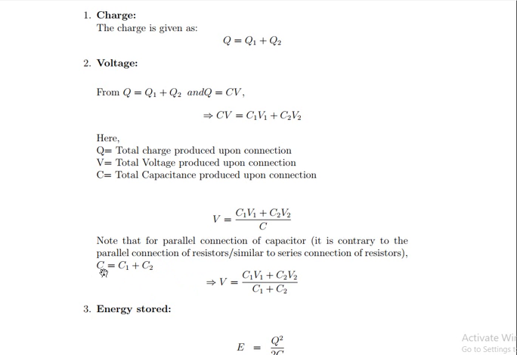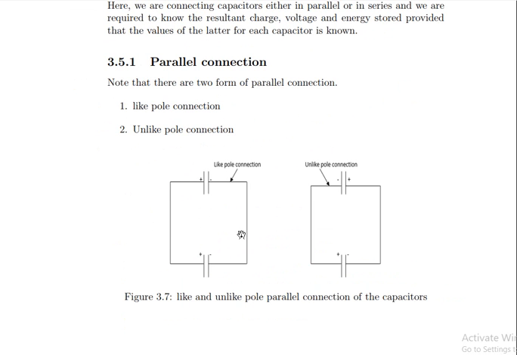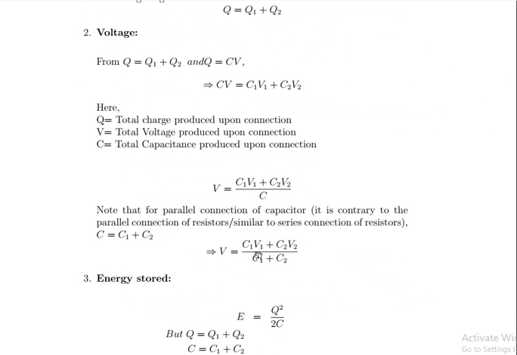So the total C is equal to C1 plus C2. So V is equal to C1V1 plus C2V2 all over C. When you divide, the voltage across those capacitors connected with like poles in a parallel connection is going to be C1V1 plus C2V2 all over C1 plus C2.